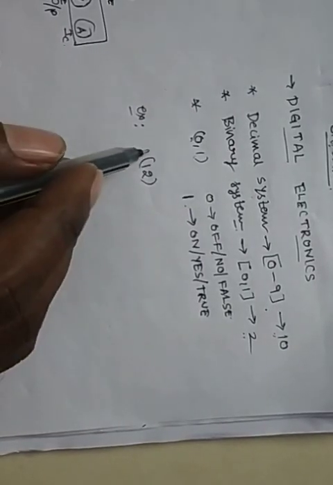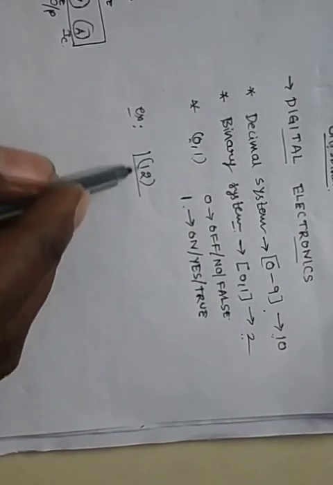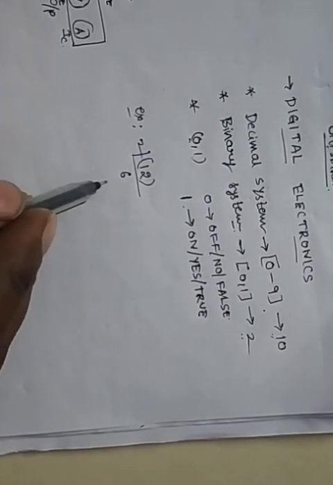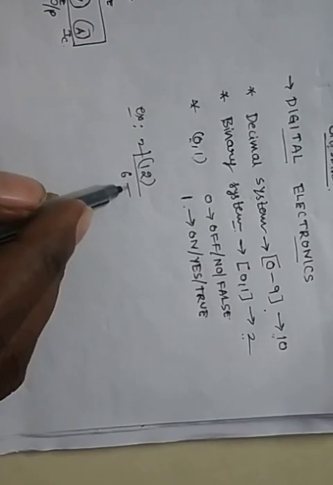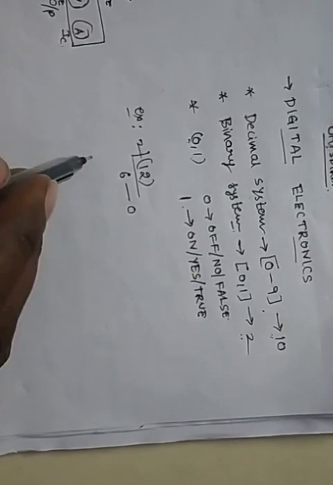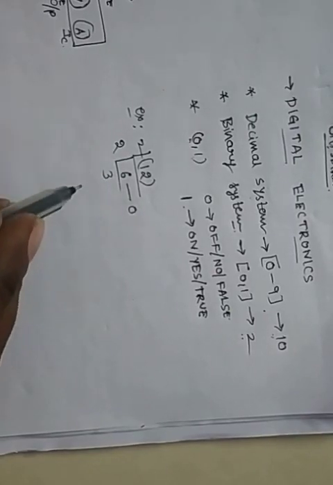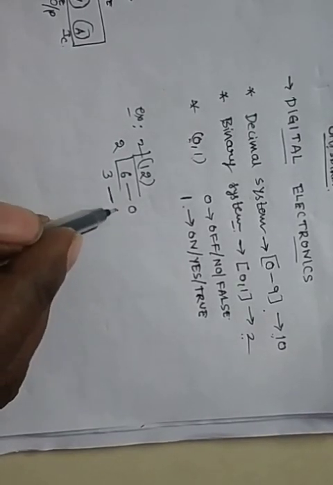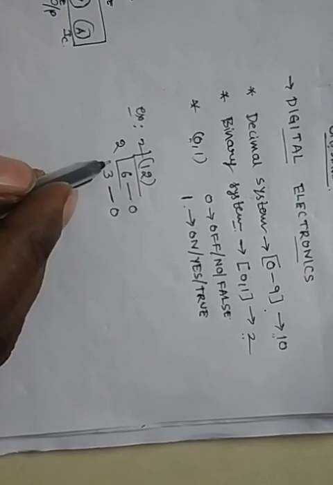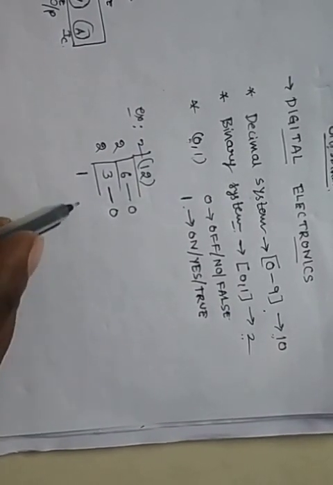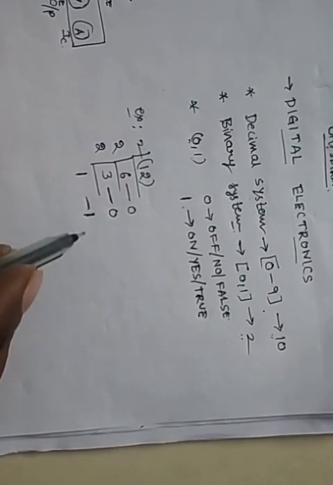Now this 12 is divided by 2. 2 sixes are 12, so the remainder is 0. Again 2 threes are 6, remainder is 0. Next 2 ones are 2, remainder is 1.